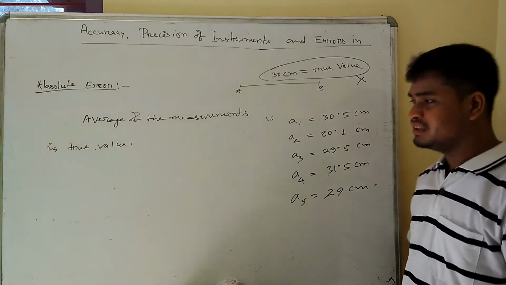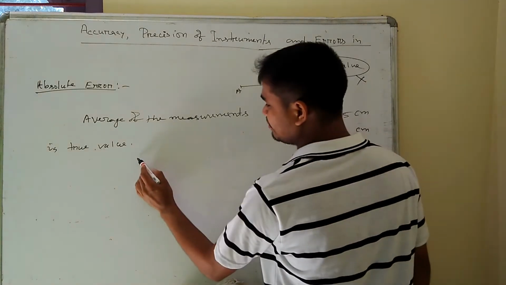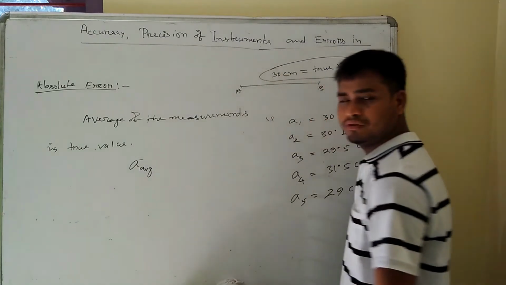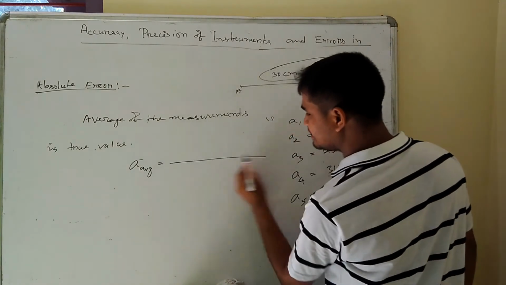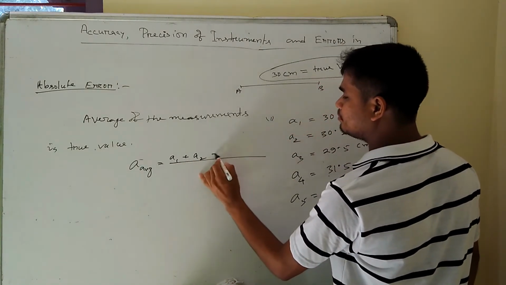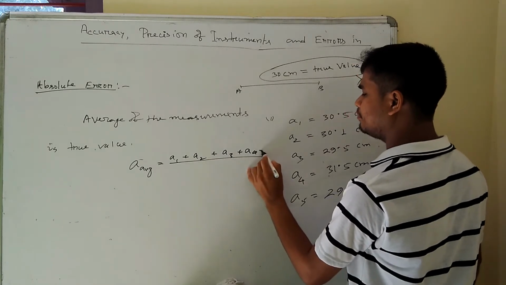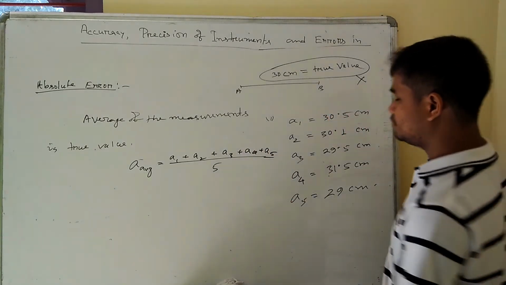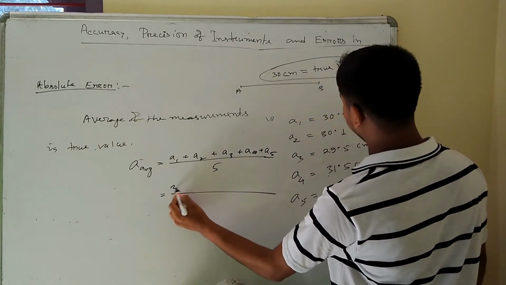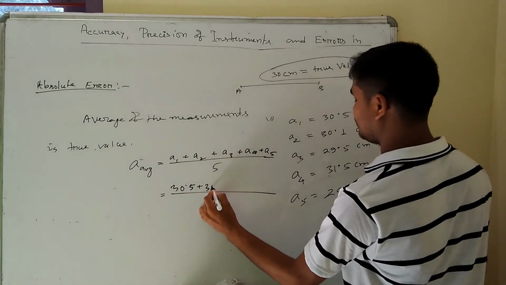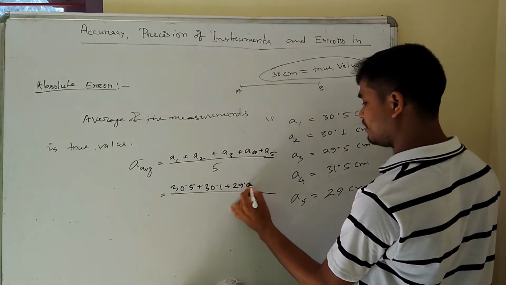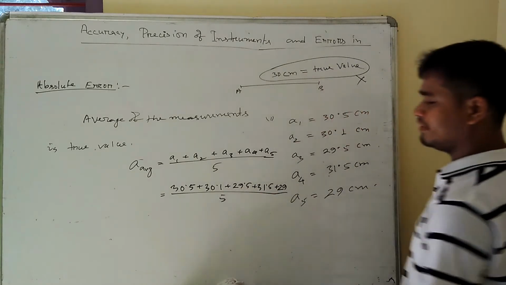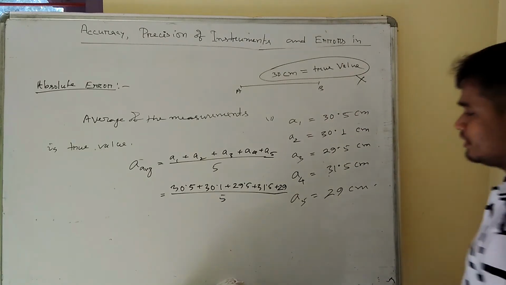We can find A average as A1 plus A2 plus A3 plus A4 plus A5 divided by the number of measurements, that is 5. So the average is 30.5, 30.1, 29.5, 31.5 plus 29 divided by 5. Okay, what will be its value?